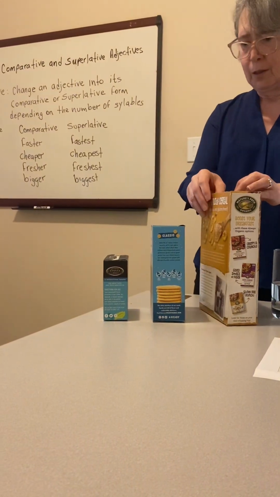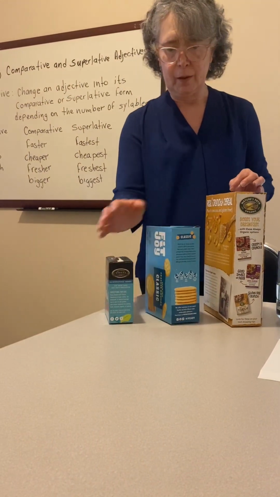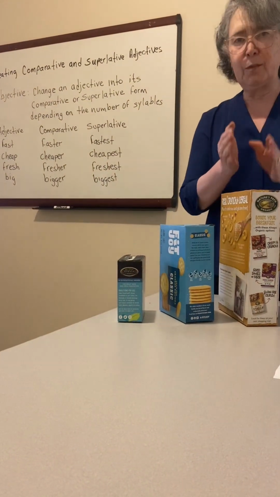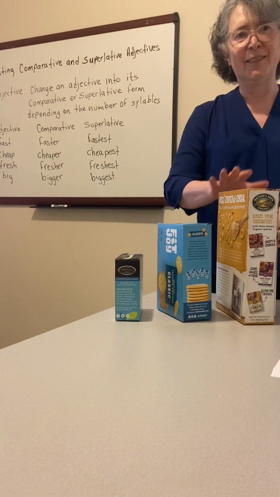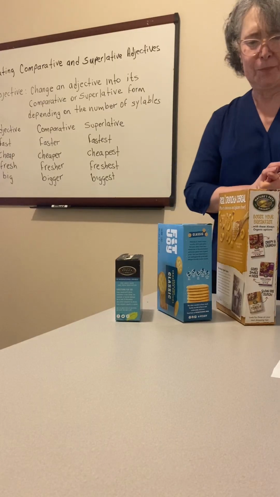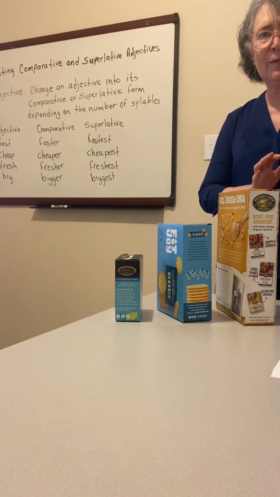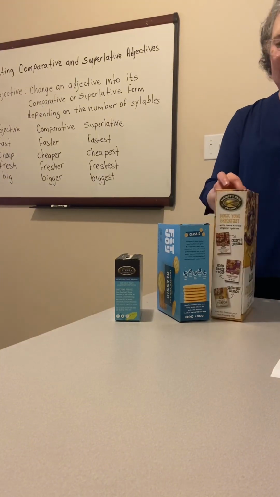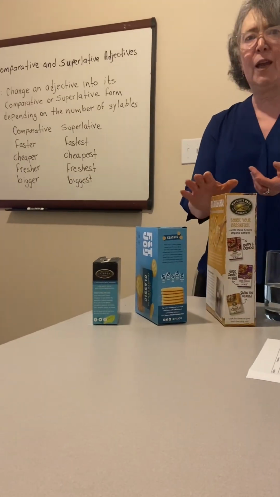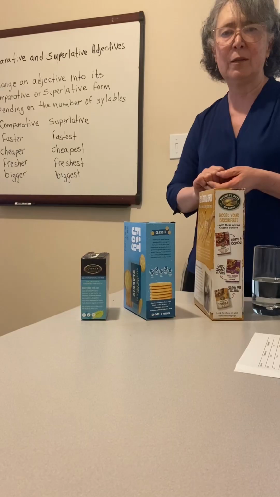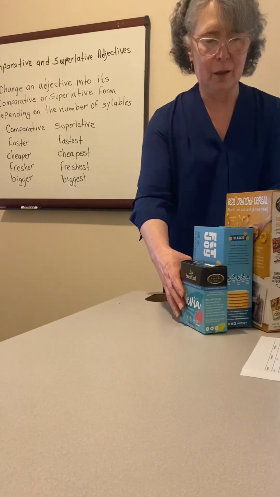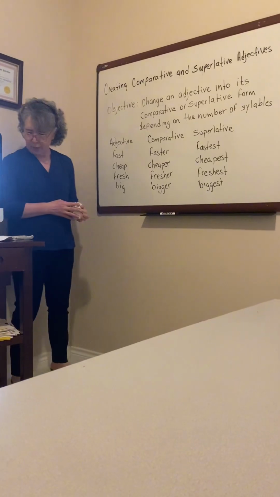Okay, so let's see. Paulina, which box is the biggest? What do you think? The box of cereal is the biggest? Yes, the box of cereal is the biggest one. Okay, so that's how we form the one syllable words.